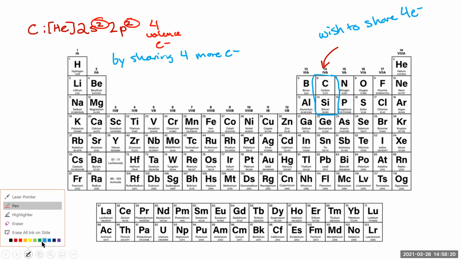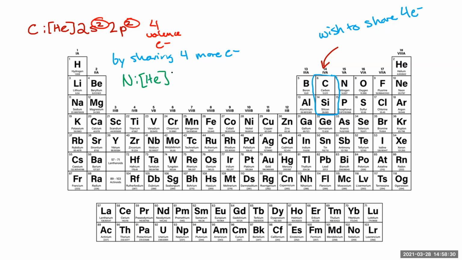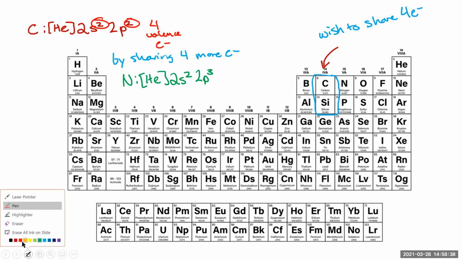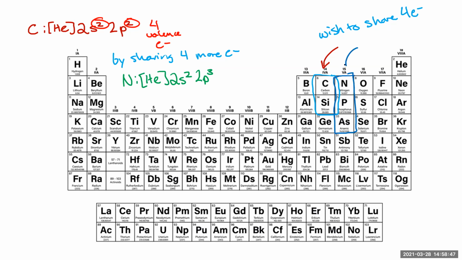Now, if you look at this pattern, the electron configuration for nitrogen is also still helium, but you add another electron, so 2s2, 2p3, giving us now 5 valence electrons, meaning that for nitrogen and the ones beneath it in its group here, when they form a covalent bond, they wish to share 3 electrons.